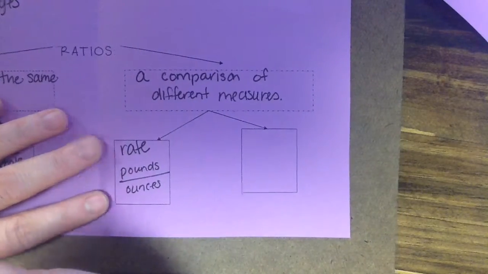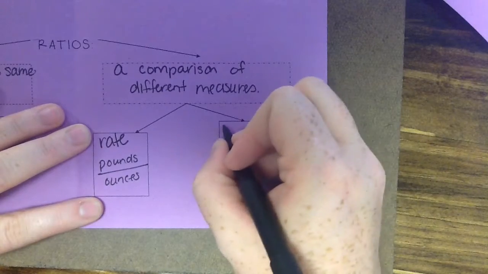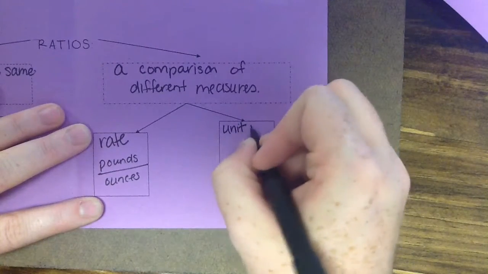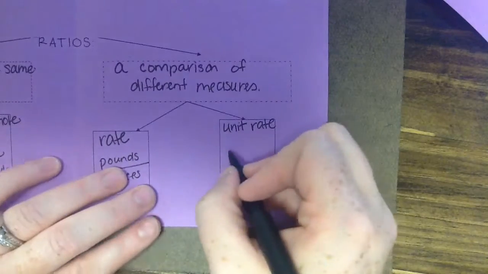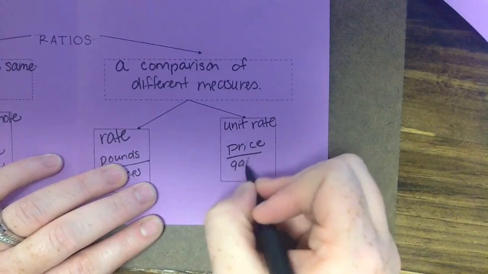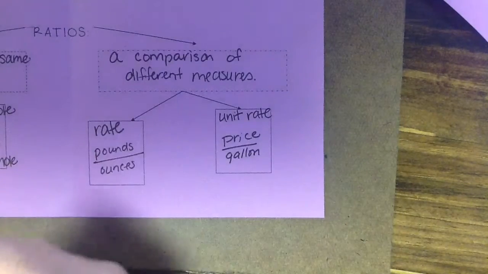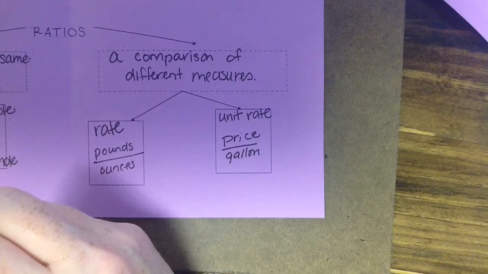Okay. The other one is going to be a unit rate. So a unit rate could be miles per hour or price per gallon. So I'm going to write the example on price per gallon here. When we go to the pump to buy gas, the price of gas does not change while we're pumping our gas.